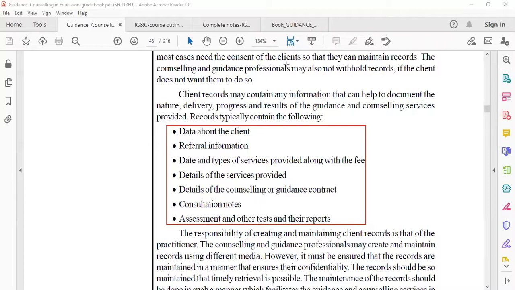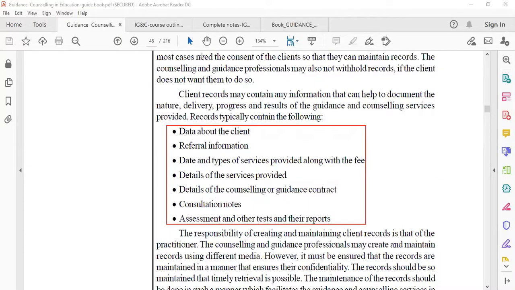As in hospitals, you have seen that each patient has their own personalized file. Likewise, in counseling also, if a school counselor is providing counseling in a school setting, he or she will also maintain information about the students.